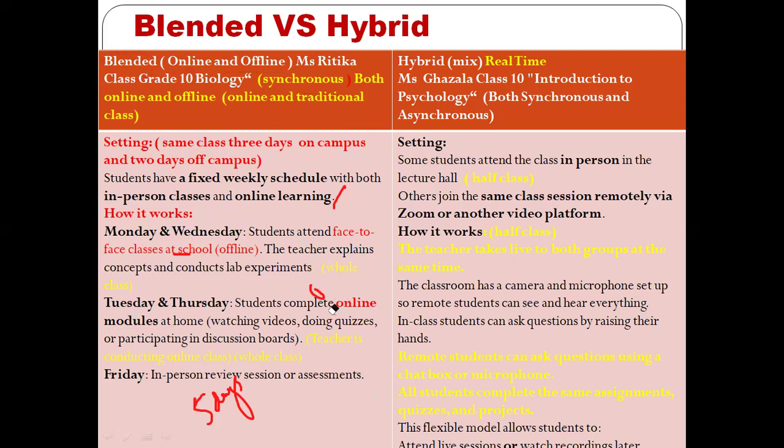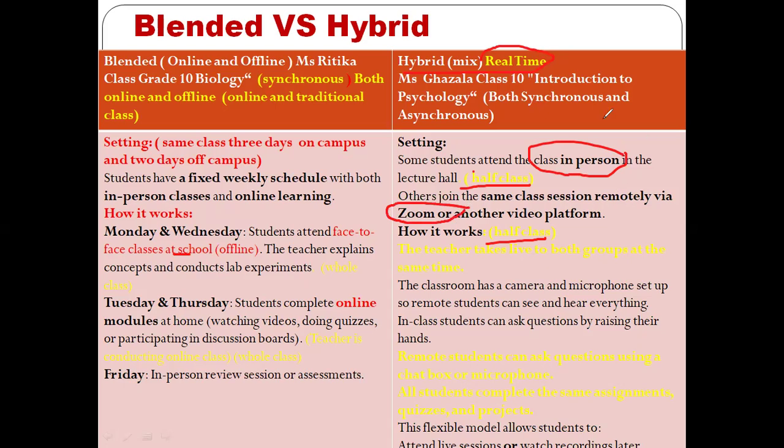Another thing, then what about the hybrid model, right? Hybrid model is actually real time. In real time, you split the class into 2 parts, in which half of the class is in person and half of the class is online.